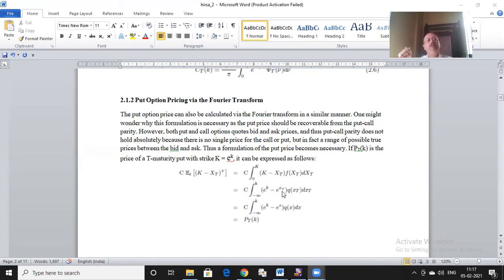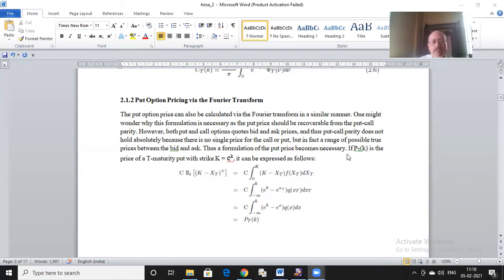If you look at the stock market quotation for any contract, you will see that actually there is no single price. There are two prices offered. One is the bid, one is the ask. So any price in between the bid and ask is a possible price. That's why put call parity does not hold for the whole range naturally. So we do need a formulation for the put price separately.